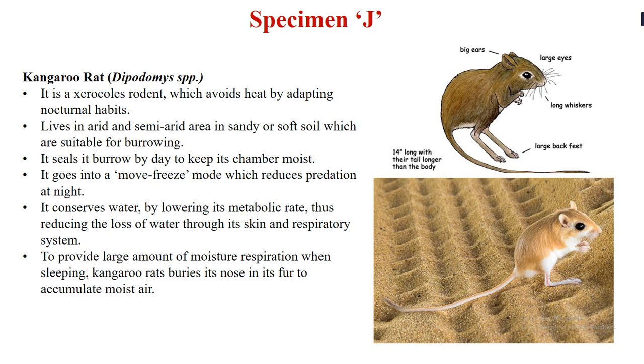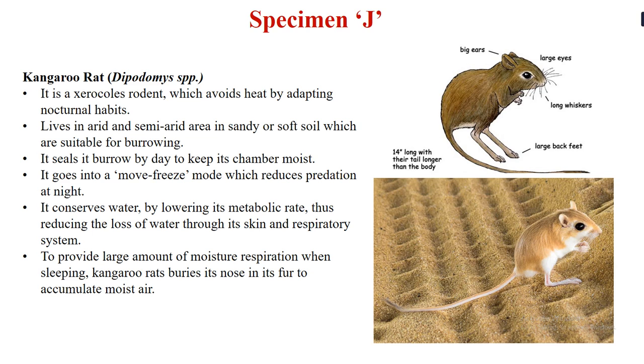That means its habits happen during the night time. Why does it do so? Because it can then avoid the heat during the daytime. It lives in arid and semi-arid areas where the sand is soft and suitable for burrowing.